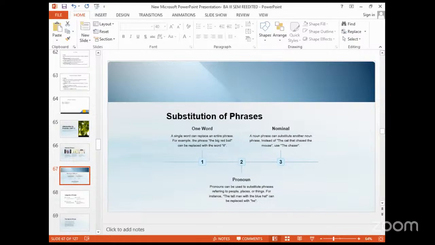Okay, and a noun phrase can substitute another noun phrase. Instead of the cat that chased the mouse, use the chaser, right? And pronouns can be used to substitute phrases referring to people, places, or things. For instance, the tall man with the blue hat can be replaced with he.